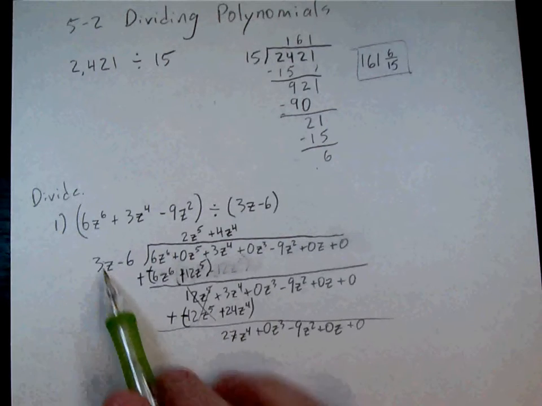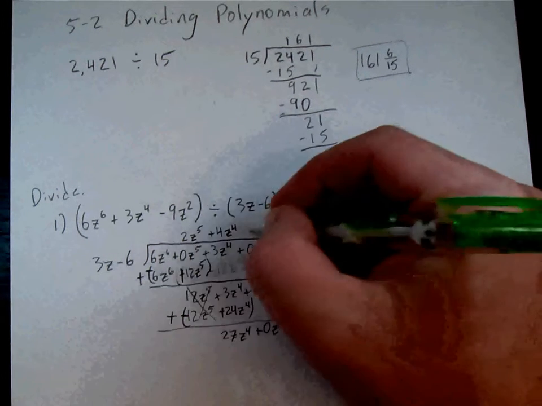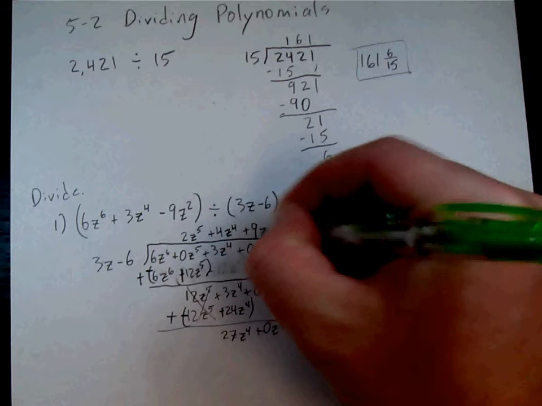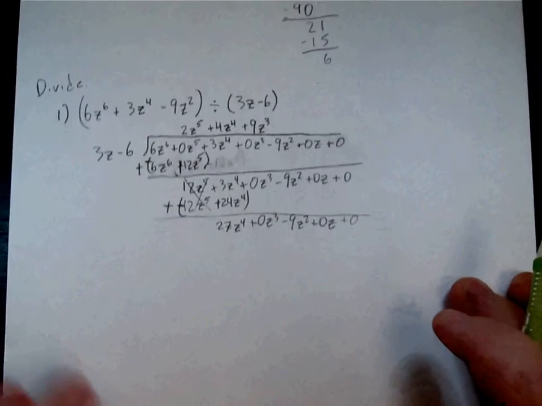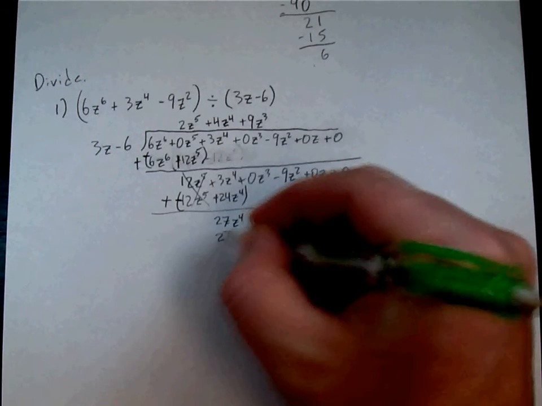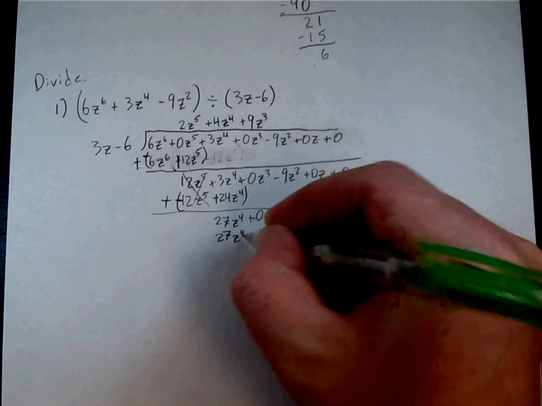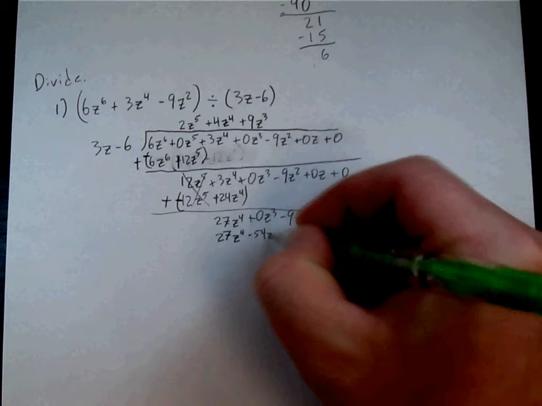We just keep going now. 3z goes into 27z to the 4th, 9z to the 3rd times. And so now I take that 9z to the 3rd and distribute it to my polynomial: 27z to the 4th, and negative 54z to the 3rd.